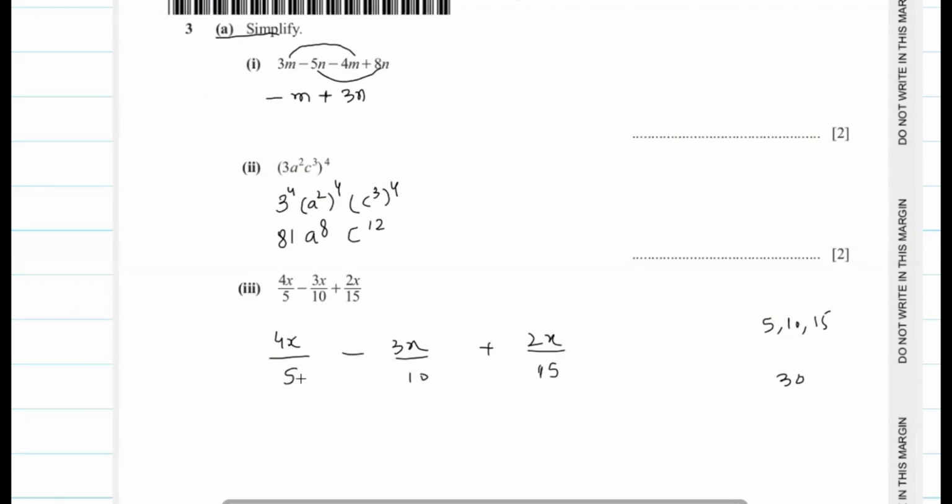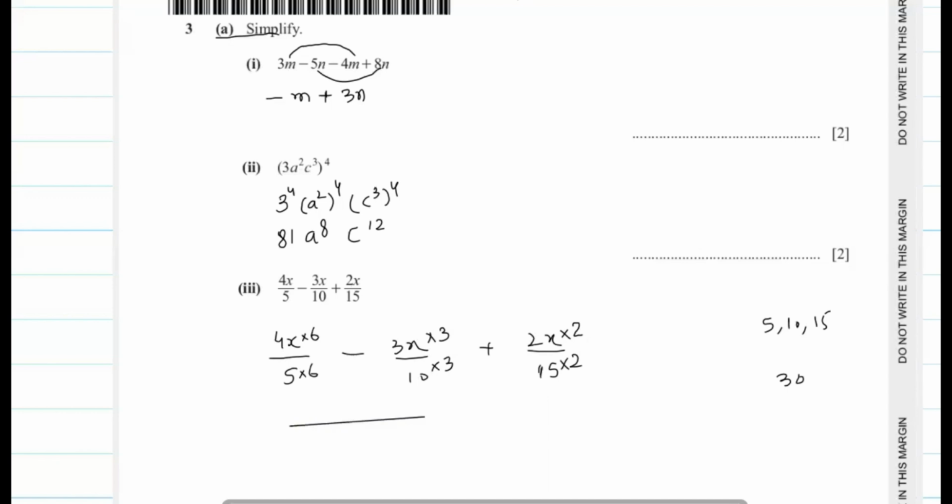Therefore, to make the denominator 30, multiply the first fraction by 6 and the next fraction by 3, both numerator and denominator to make the fraction equivalent, and the third fraction we will multiply by 2. This becomes denominator 30, and we multiply the numerator by 2 also.